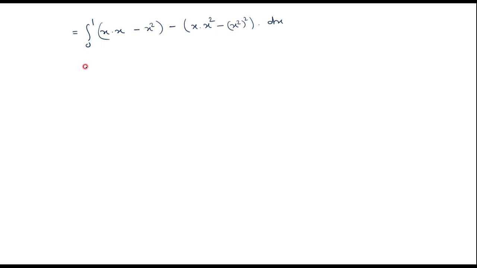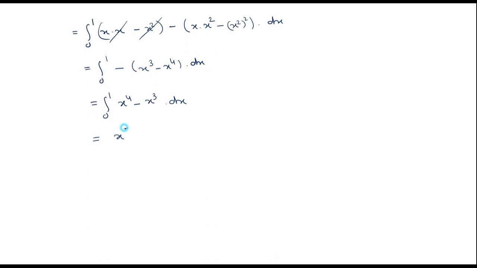So the x square gets cancelled. We have the integral from 0 to 1 of minus of this, it is x cube minus x raised to 4, dx. Multiplying that minus sign, the integral from 0 to 1 of x raised to 4 minus x cube, dx.